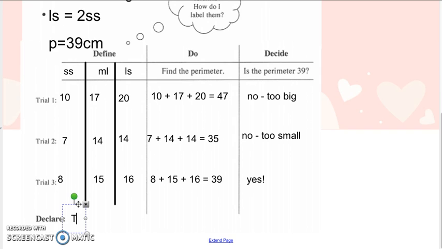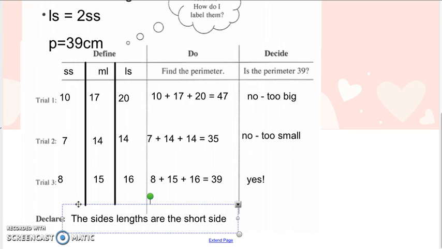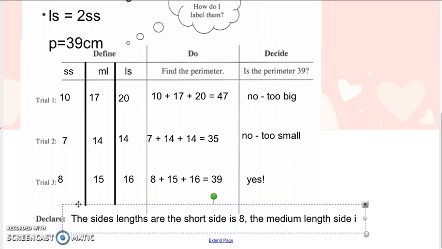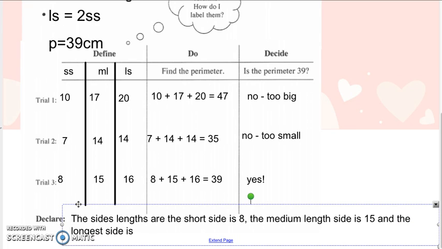We wanted to find the lengths of the sides, so I would start with: the side lengths are, the short side is 8, the medium length side is 15, and the longest side is 16. Make sure you have yours written in a complete sentence.